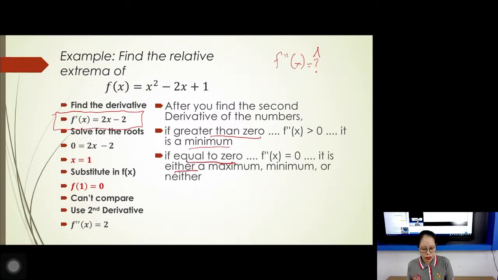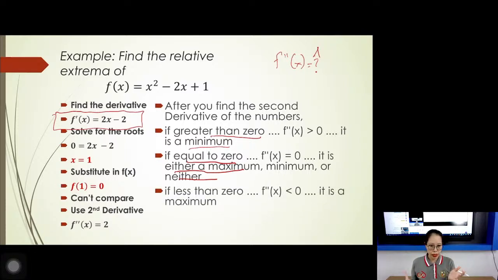It is either max or neither, because we cannot decide if it is 0. So just consider positive and negative. If it is positive, it is minimum. But if it is less than 0, meaning it is negative, it is max, so it's the opposite.